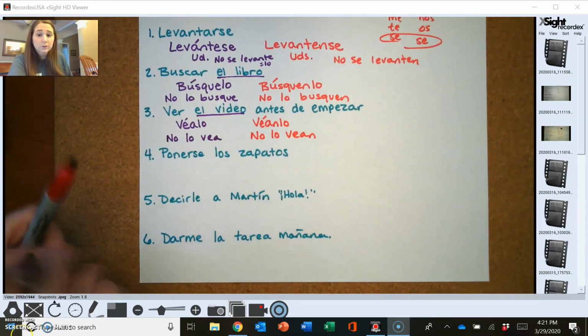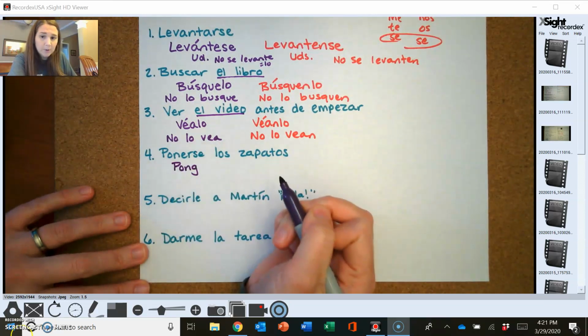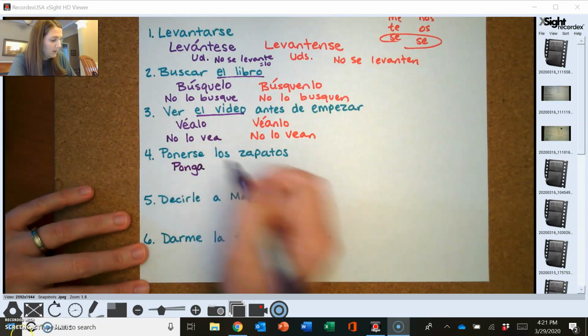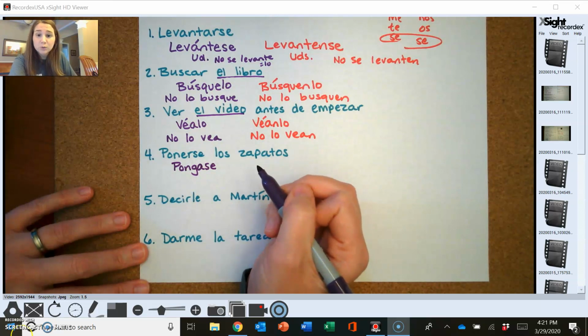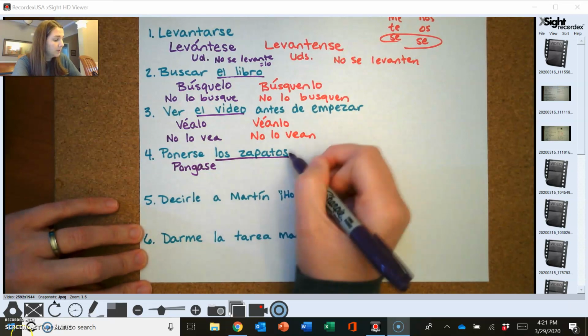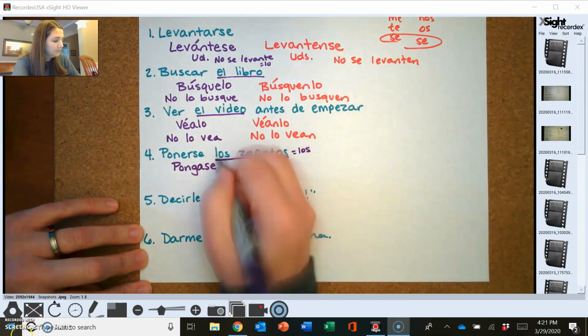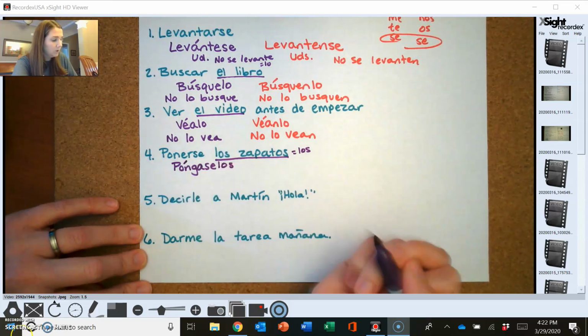For put on the shoes, we're going to do, remember yo form is pongo. So pongo, I drop the O, reverse the ending, ponga. Póngase los zapatos, put the shoes on yourself. Okay? And then I could have also replaced los zapatos as los, put them on. So póngaselos. 1, 2, 3, 4.